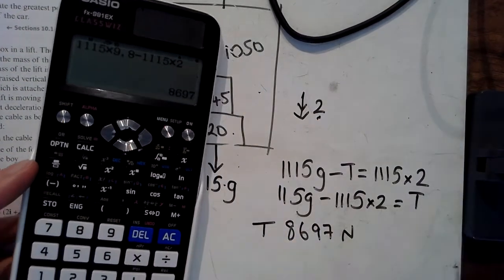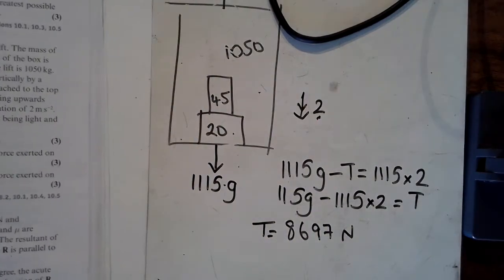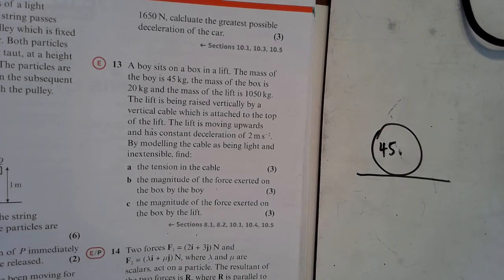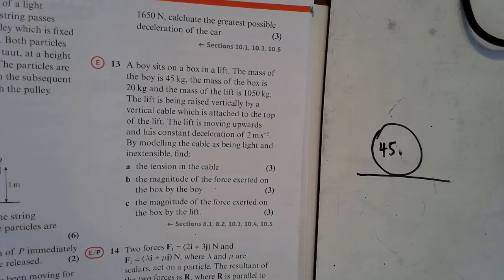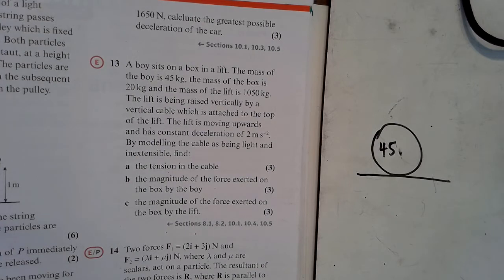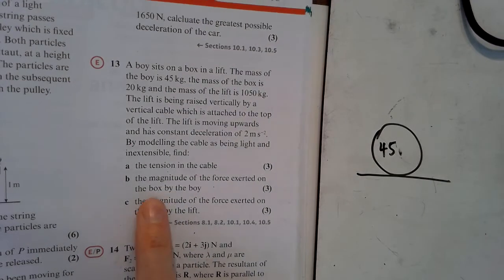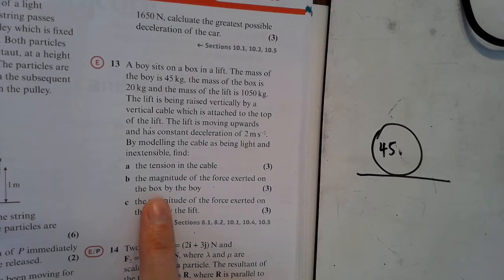Okay, let's move on to part B. So for part B, we're looking at the magnitude of the force exerted on the box by the boy. Because every force has an equal and opposite reaction, the magnitude of the force of the box by the boy is the same as on the boy by the box.